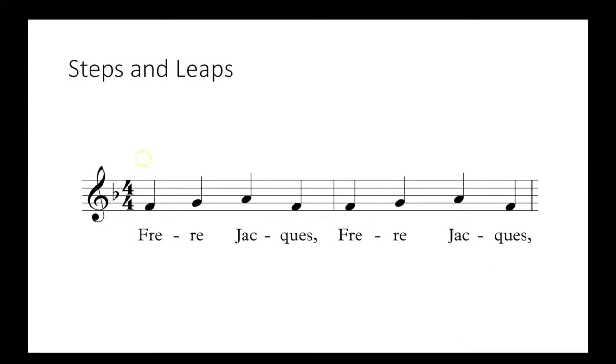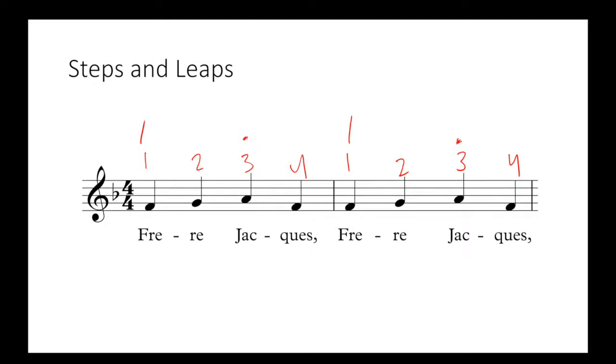The way that this one goes is 1, 2, 3, 4. Then it repeats 1, 2, 3, 4. So that the strongest accent is always here on the downbeat. There's usually kind of a secondary accent on the midway point of the measure, so that we can see the important parts of the melody are Frere Jacques, Frere Jacques.